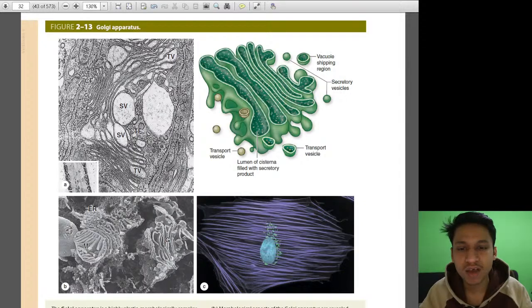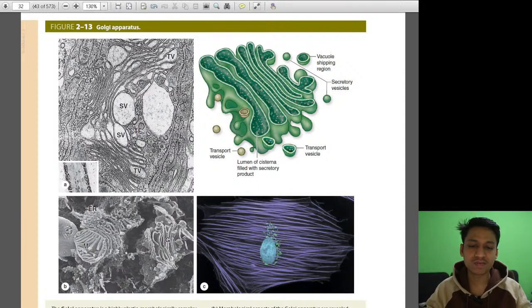Okay, so we have two phases here, a cis phase visible, and a trans phase visible. And the cis phase is where the protein comes from the endoplasmic reticulum to the Golgi here.